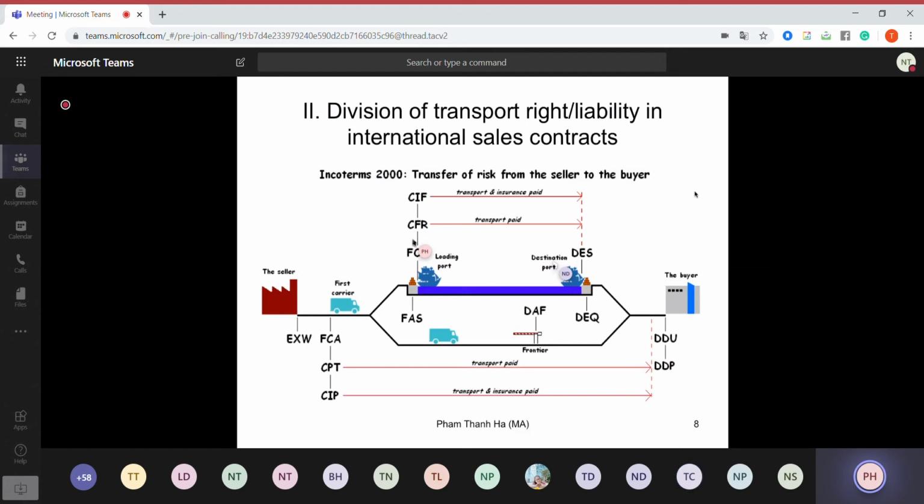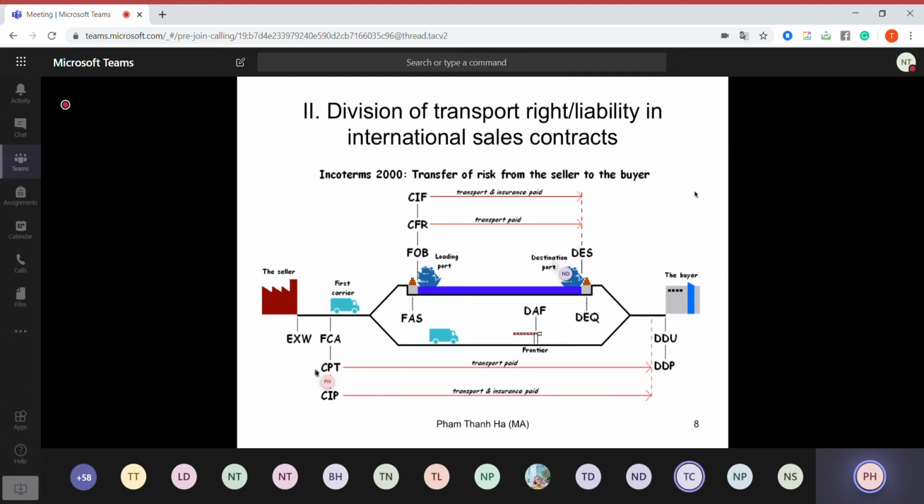In summary, for the CIP and CIF, they are the same. The only difference is that CIF only applies to maritime transport and CIP applies to multimodal transport. The main difference lies in the transportation modes.